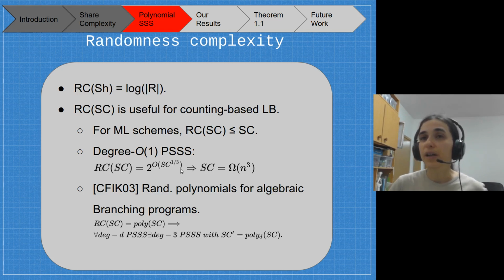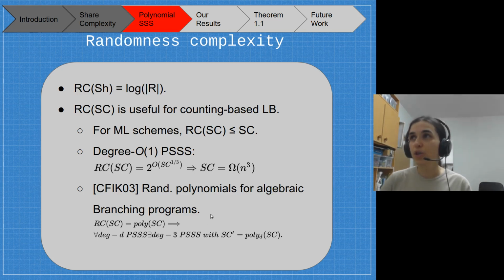It's not hard to see that if we had this kind of exponential but not very large bound of randomness complexity as a function of the share complexity, we would already beat the lower bounds for not the information rate, but the share complexity at least, for general secret sharing schemes. Another nice application for good randomness complexity would be showing that degree 3 is quite powerful.